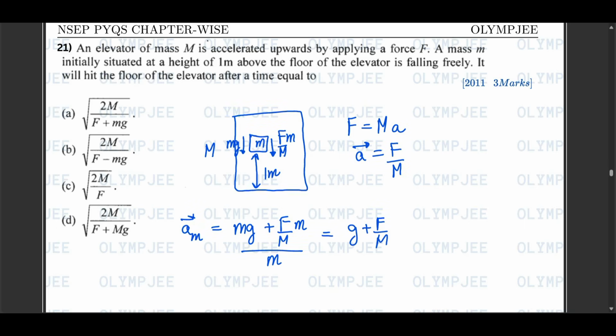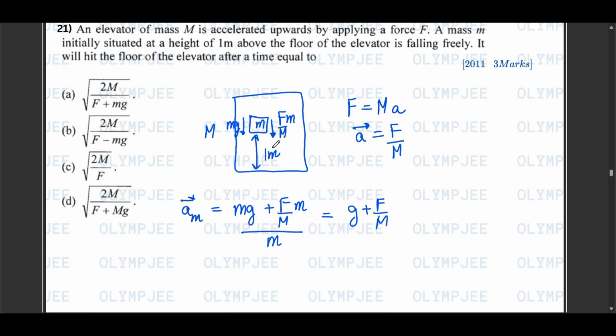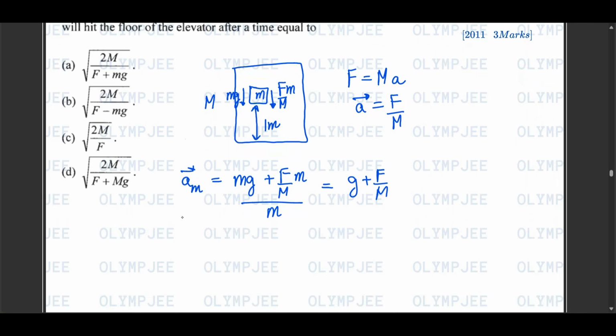So now it has to cover 1 meter with respect to the lift, because the lift is stationary now. So S, which is 1 meter in the downwards direction, is equal to ut, u is 0, plus half (g plus F by M) in the minus j direction, t square.